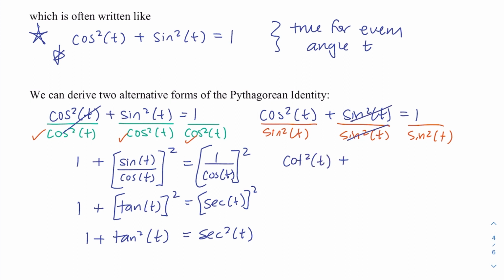Sine squared t over sine squared t is just 1, and 1 over sine squared t is going to give me cosecant squared t. So I can use each of these if I need them inside some problem. I usually don't have these memorized. I just derive them quickly from the original Pythagorean identity.